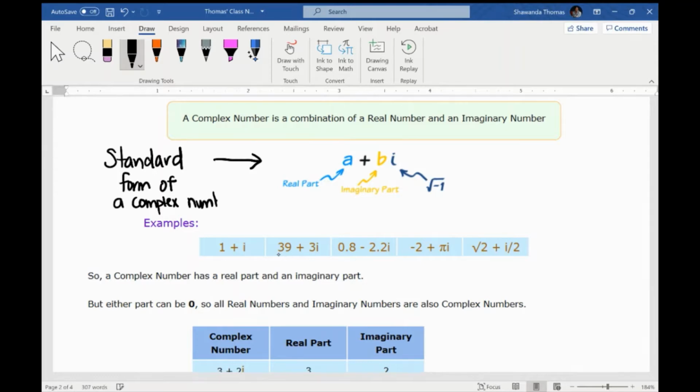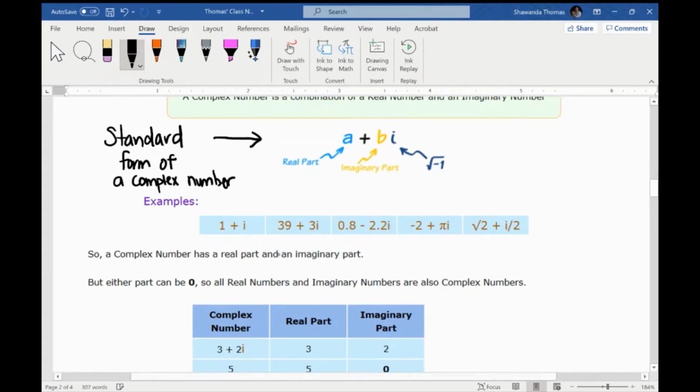There is a real part, that's the a, what's in blue. And there's an imaginary part, that's the b, attached to the i. The number attached to the i is called the imaginary part. And we already know that i is equivalent to the square root of -1.